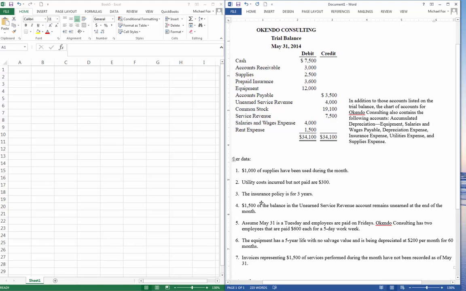All right, so number one is $1,000 of supplies have been used during the month. So if we've used up supplies, then the adjusting entry is going to be that we will claim those supplies as an expense as we use up an asset.